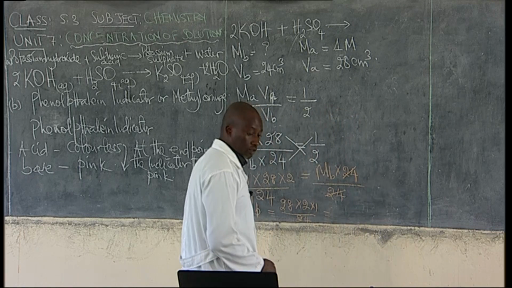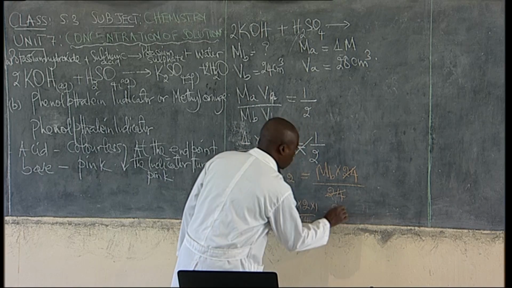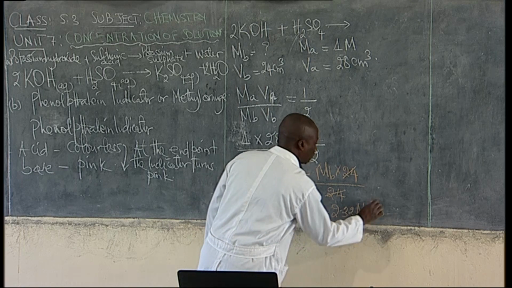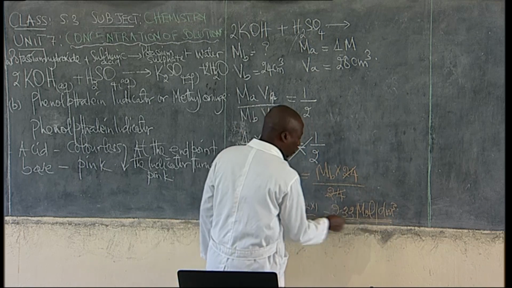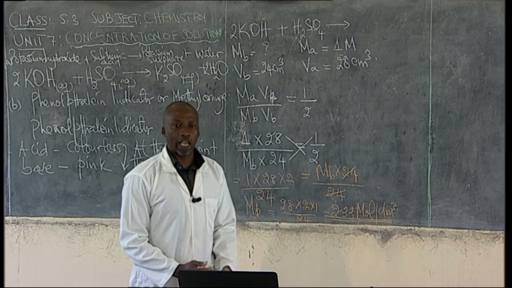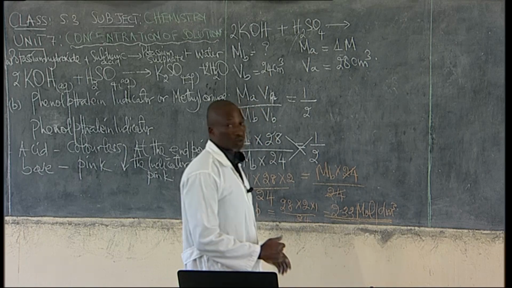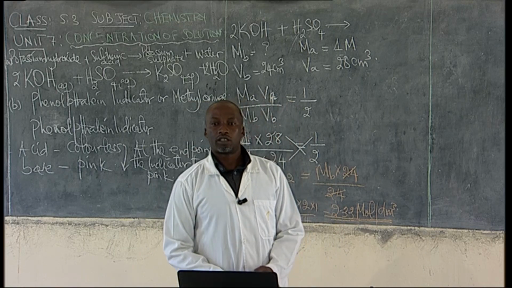That is 2.33 moles per decimeter cubed. So that would be the molarity of the base, the alkali. Molarity of the base, that is what was asked. Can we move to the next question?